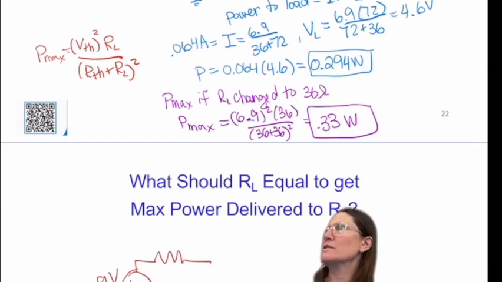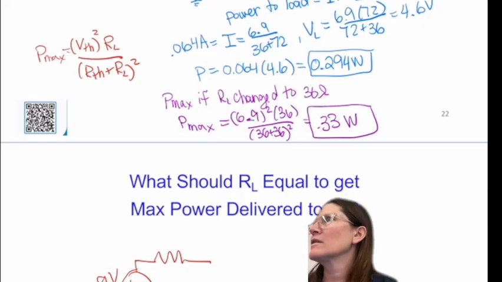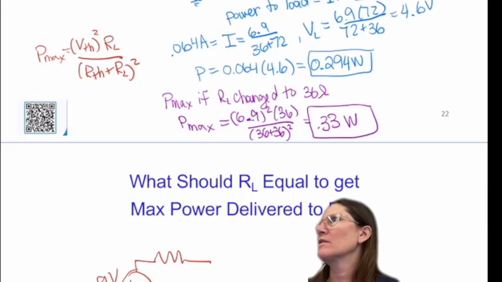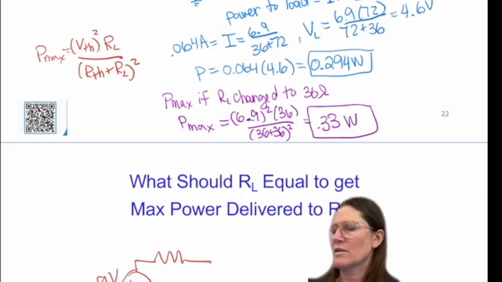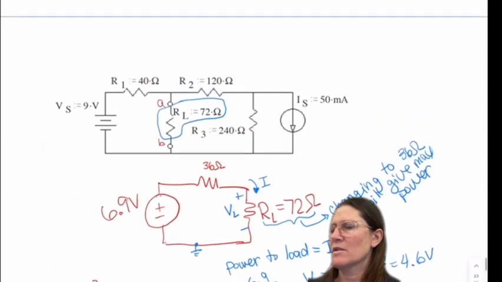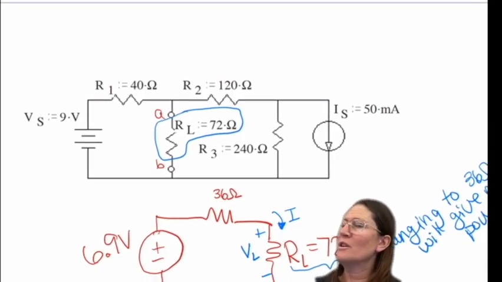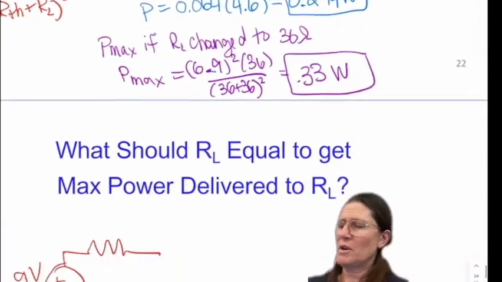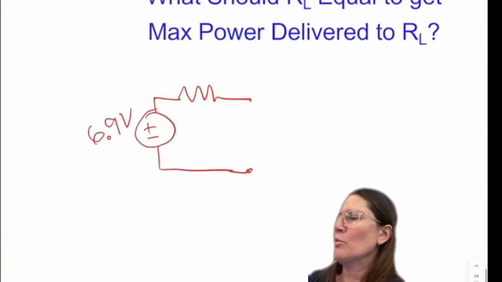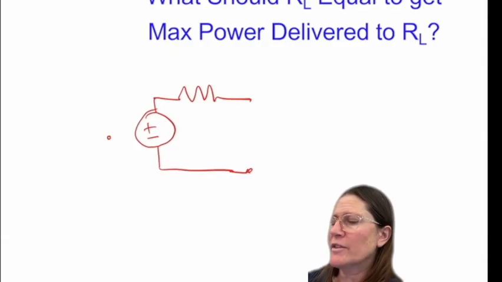All right, questions? How are you able to replace all the resistors with just one 36 ohm resistor if they were on either side of the A and B, or on either side of where A went in? We accounted for those in the pathways that we took. So this is the equivalent that you're trying to get to.